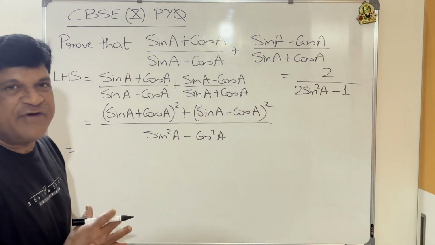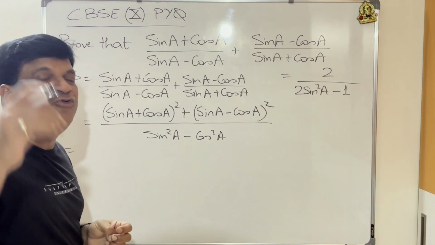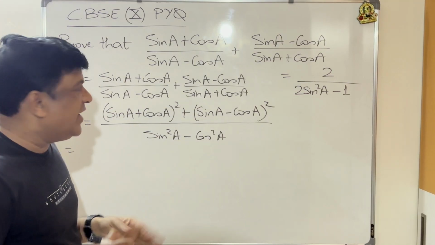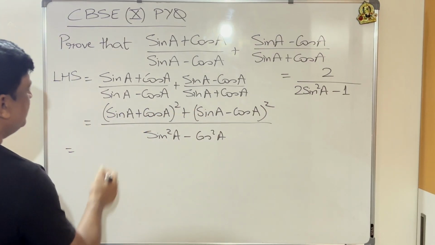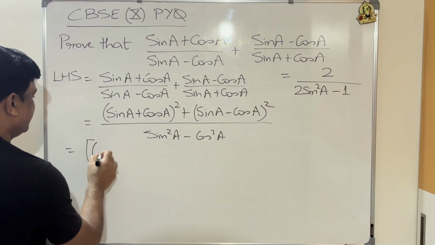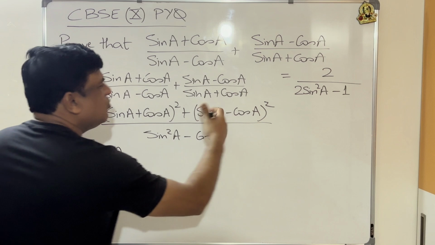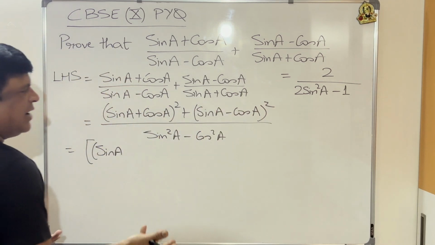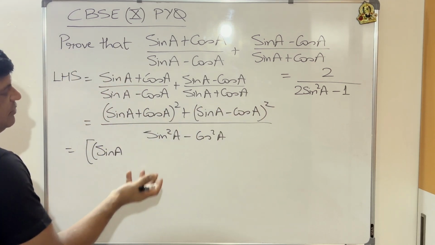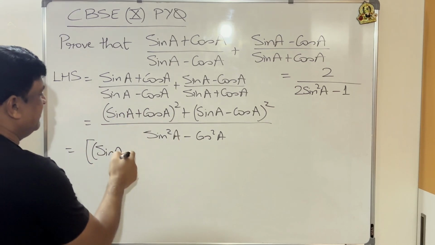What is the formula of a square plus b square? I can do a plus b whole square minus 2 times ab, right? So let's use that one. I can go ahead and expand this and cancel things out, but I'm going to use this formula so that it becomes easier to calculate.